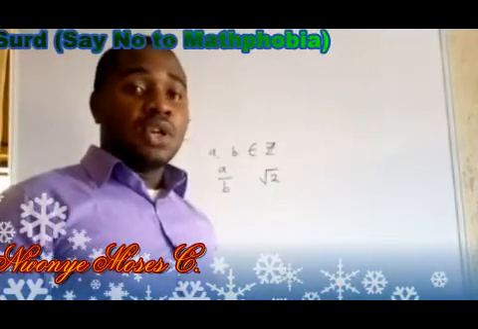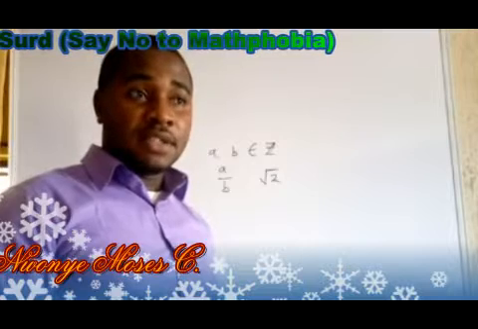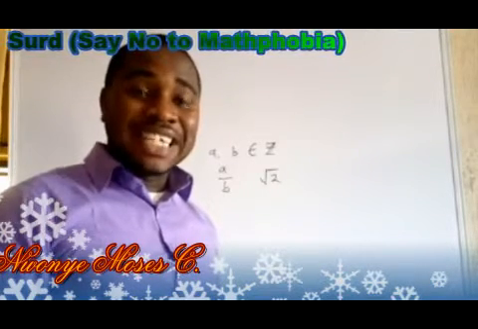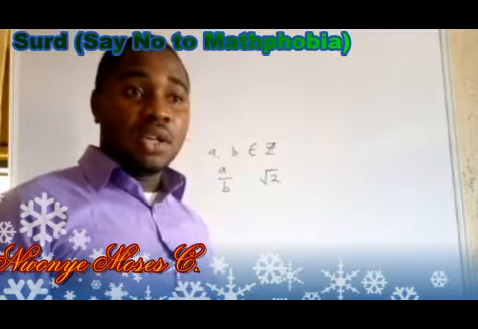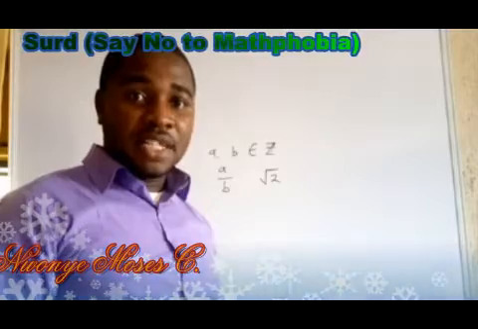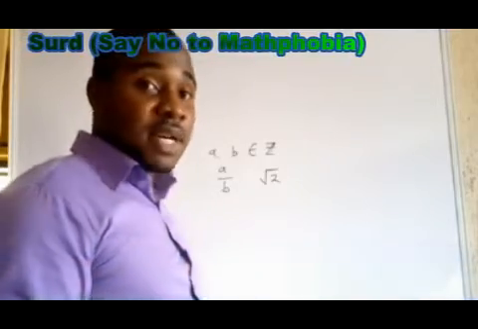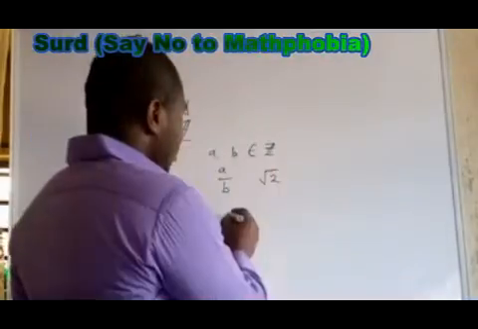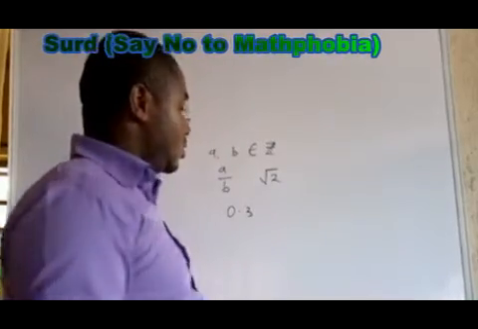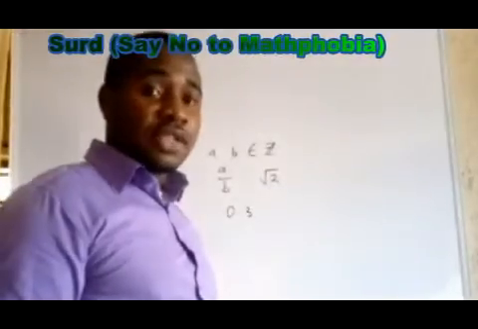Now, recurring decimals and terminating decimals are rational numbers. What do I mean by recurring decimals and terminating decimals? Now, if you say a decimal like 0.3, it is rational.